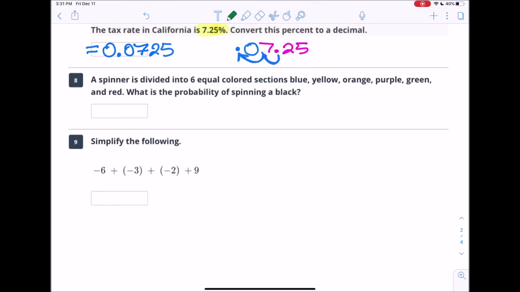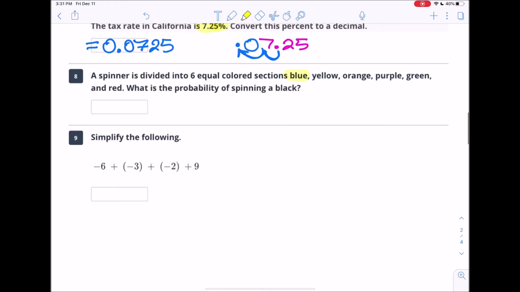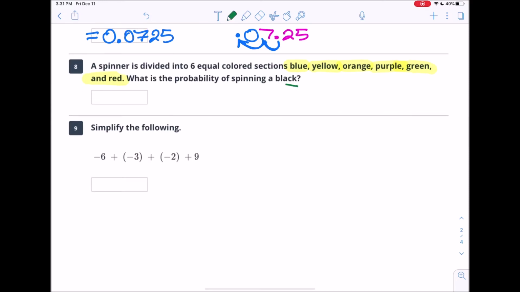A spinner is divided into 6 equal colored sections: blue, yellow, orange, purple, green, and red. What is the probability of spinning black? Okay, so inside our spinner, we have blue, yellow, orange, purple, green, and red. They want to know what's the probability of spinning black.